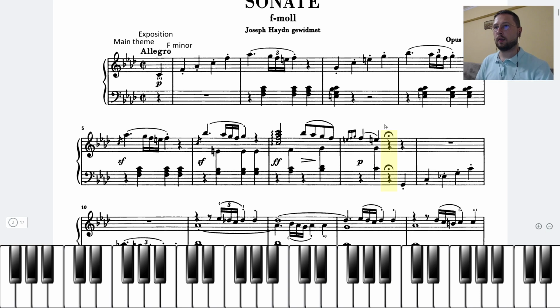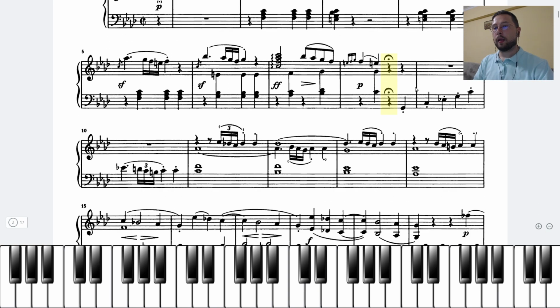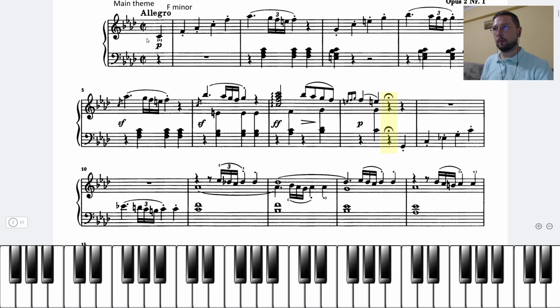Right, and that's the first pause that we're getting there. Now, after that, we have something that resembles the main theme, but it's now in the left hand. Right?